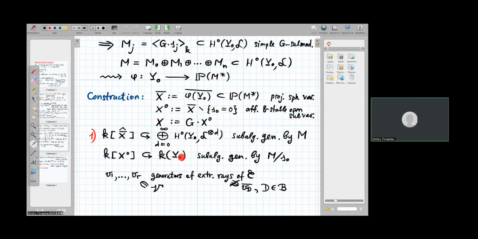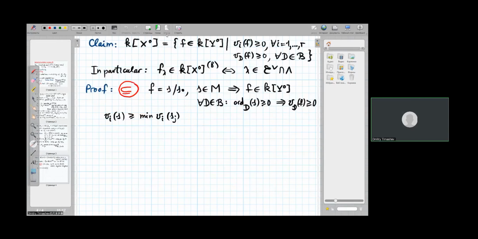Therefore, we have evaluation on the smaller field, on the field of functions of x bar, and we can extend the evaluation from the field of functions of x bar to the field of functions of x bar hat, because we have a projection map from here to here.